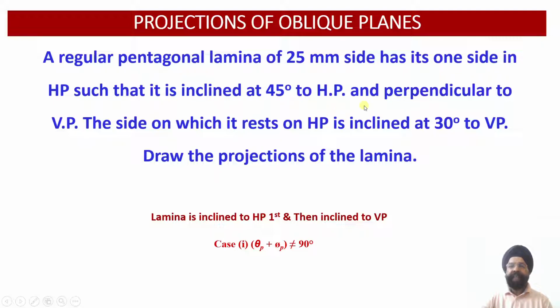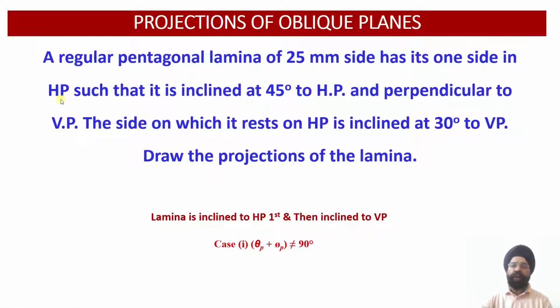The second thing available with us is that this lamina has one side located in HP. Since it has one side located in HP, to begin with we will assume that the lamina is contained by the horizontal plane. So in the horizontal plane, the true shape or the top view will be drawn first.